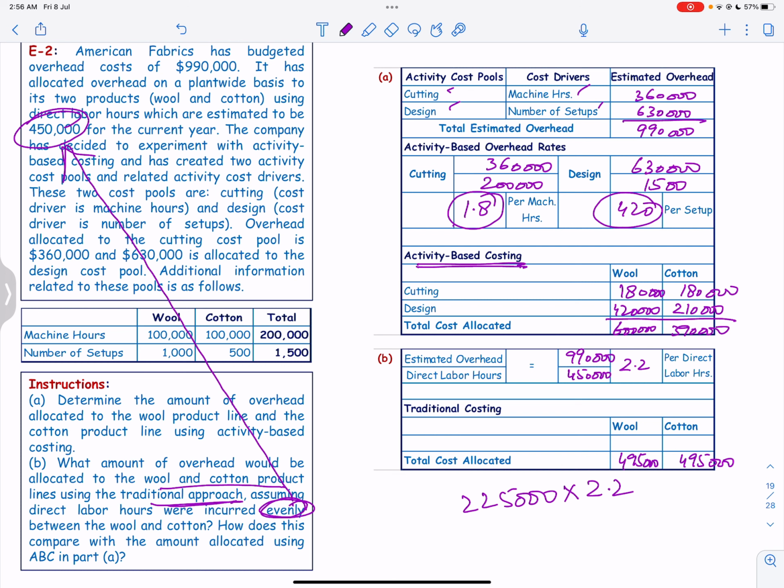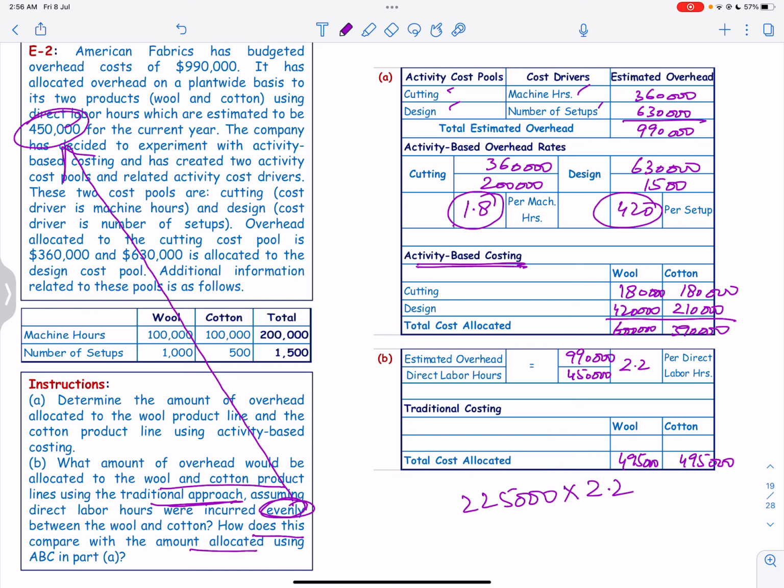So next they say, how does this compare with the amount allocated using ABC in part A? Now the wool product line is allocated 600, while over here we have 495 for traditional.